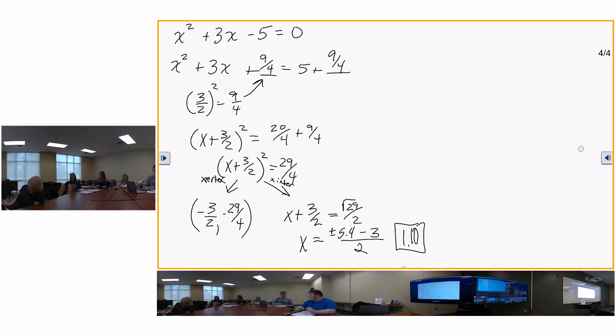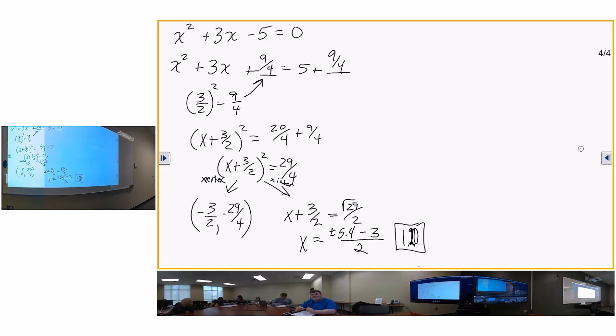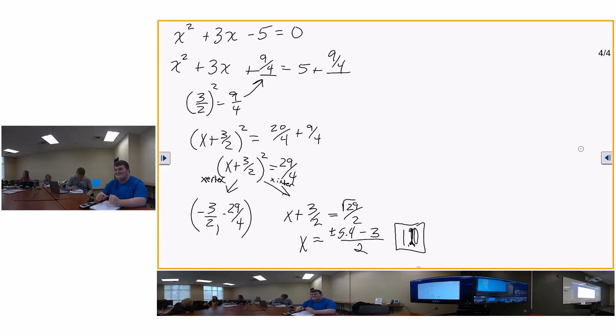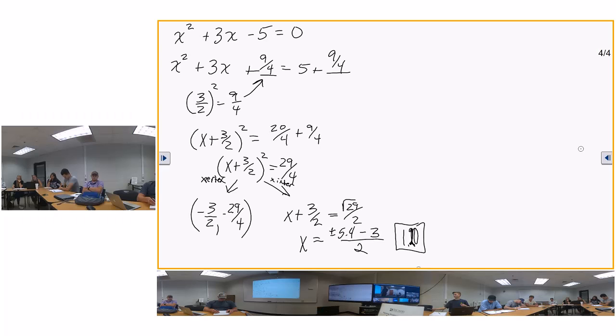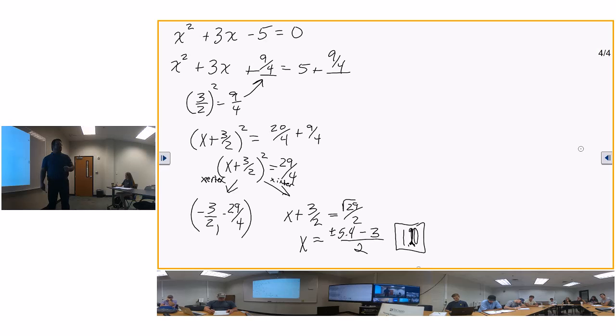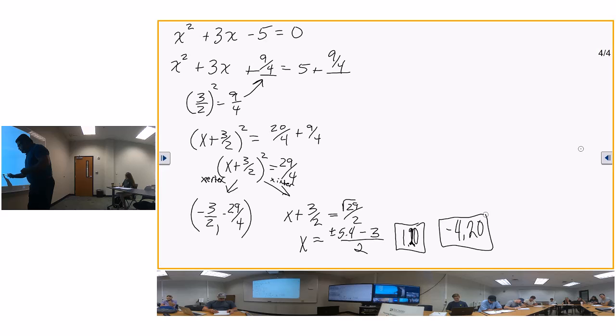I'm sorry, I can't spell mom backwards. All right. Negative 5.40 minus 3 is what? And what's half of 8.40? 4 and what? Okay, graph it.